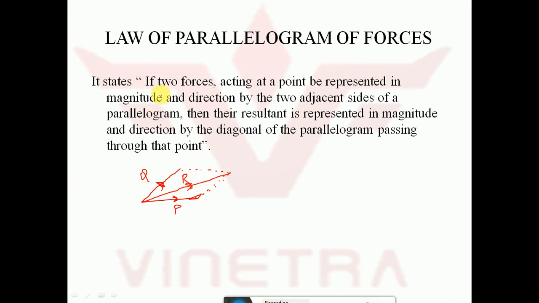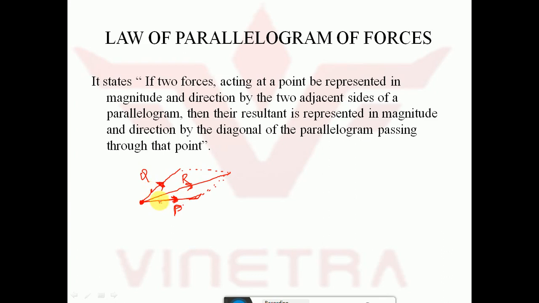So here, if two forces, that is P and Q, acting at a point, see here, P and Q both are acting at the same point, be represented in magnitude and direction. Force P and force Q are represented in magnitude and direction by two adjacent sides.